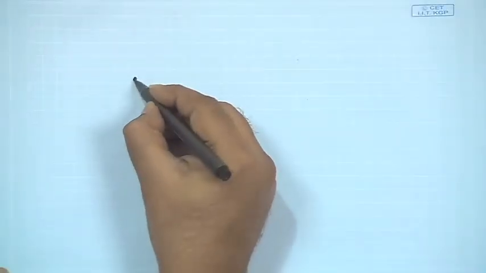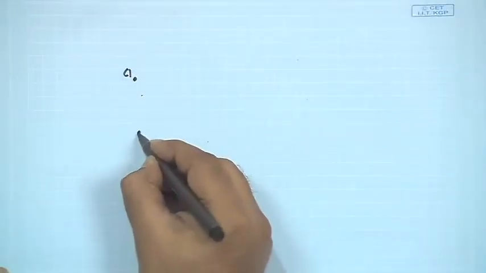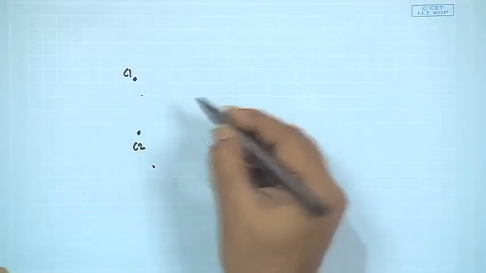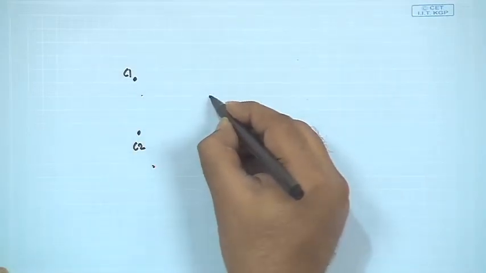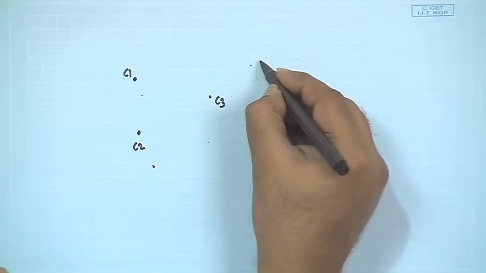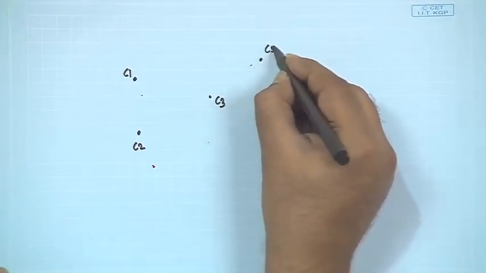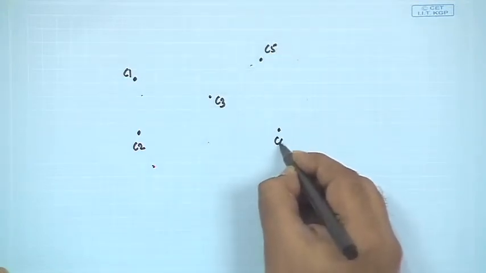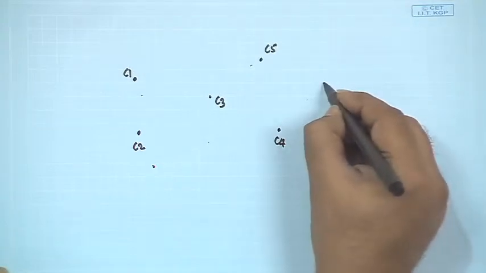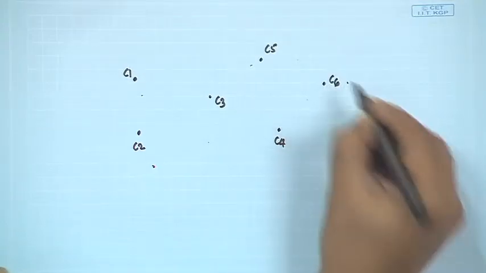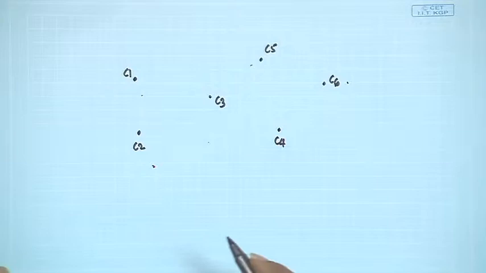Let us draw this graph here, right. So, this is C1, this is C2, then this is C3, this is C5, this is C4, this is C6. So, these are the 6 cities.